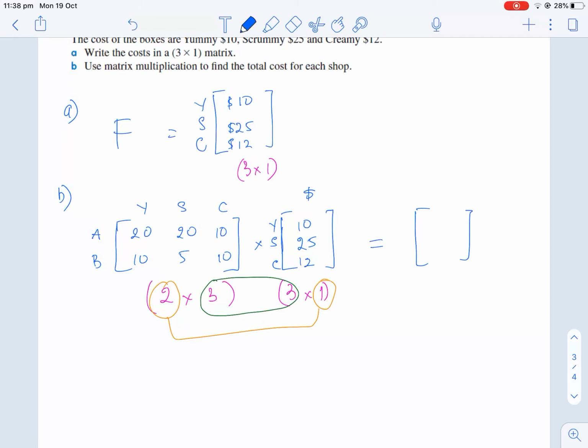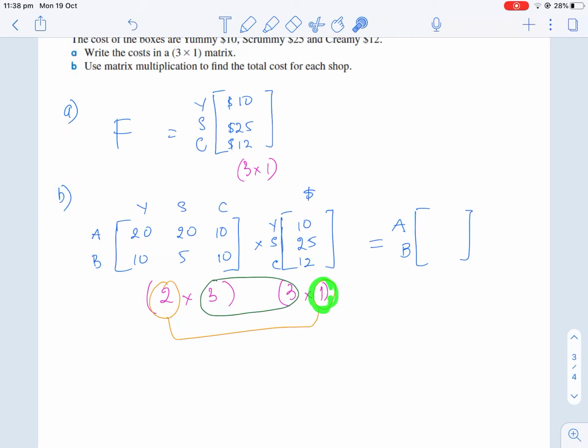So the 2 rows are going to be the name of the row. This one is the row of the final answer, and this one is also the row of the first matrix. The row names of the first matrix are A and B, shop A and shop B. So that's why you're going to have A, B here, and 1 column.